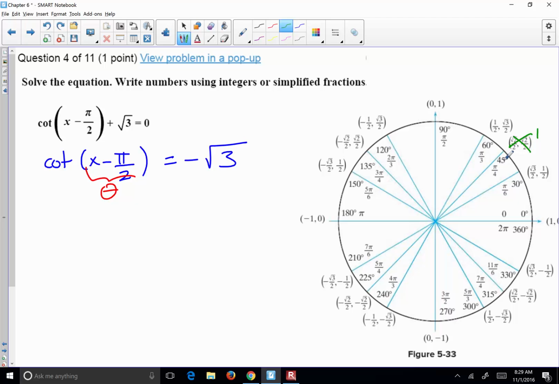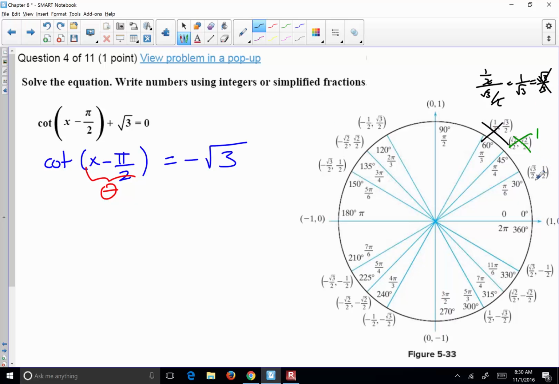Cotangent of 45, cotangent pi over 4, is 1. How about this one? 1 over root 2 over root 3 over 2, they cancel into 1 over root 3. That's root 3 over 3 if you rationalize the denominator, multiplying by root 3. Nope, not that one. False.